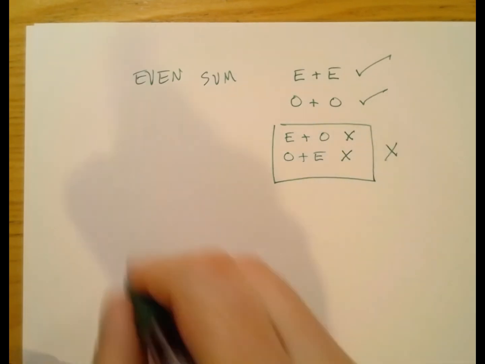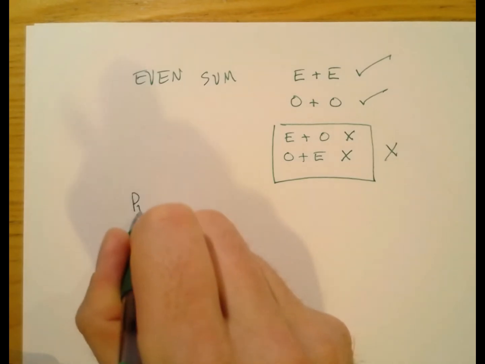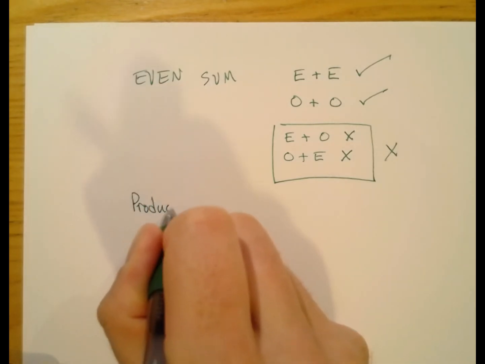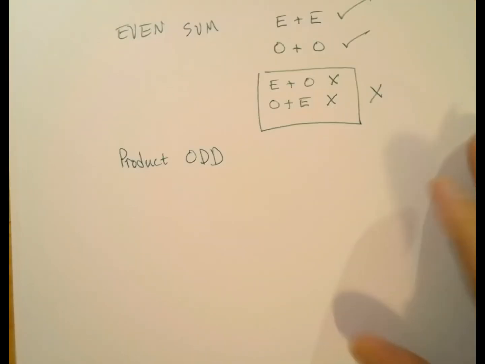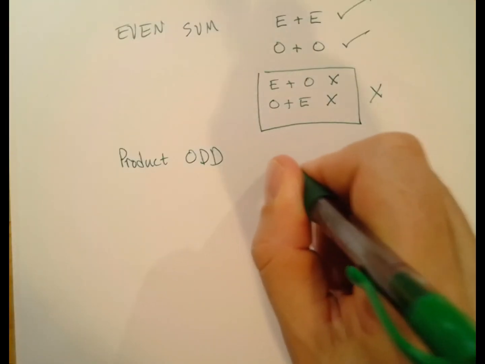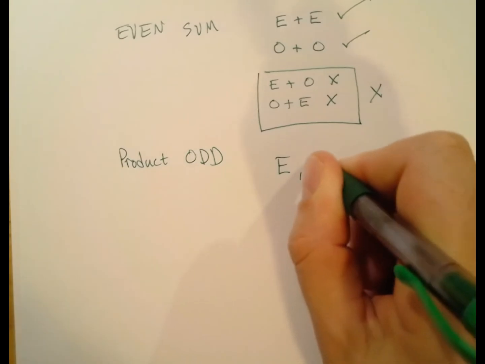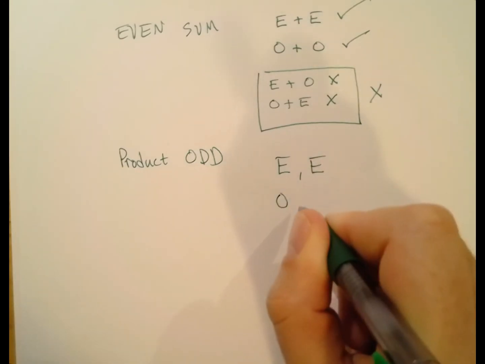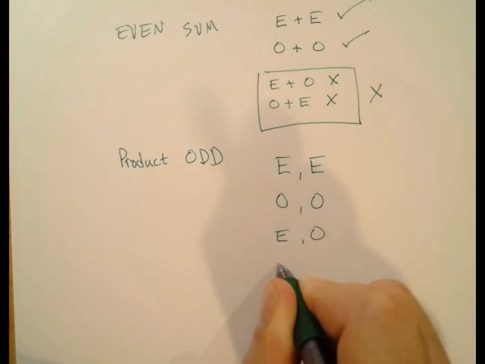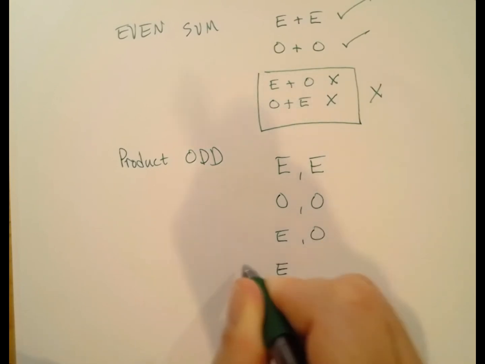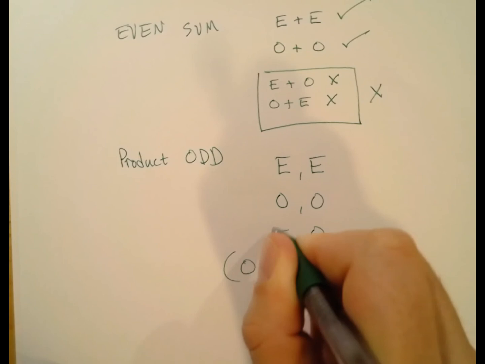Okay, and now let's take a look at product odd. Okay, if I get an even and an even, if I get an odd and an odd, if I get an even and an odd, if I get an odd and an even. Sorry, I wrote that backwards.